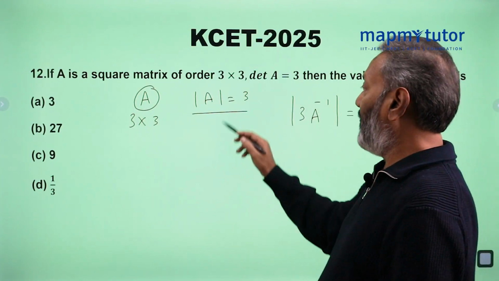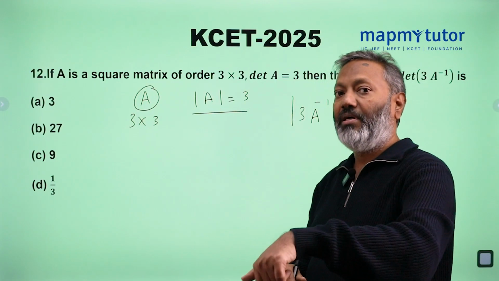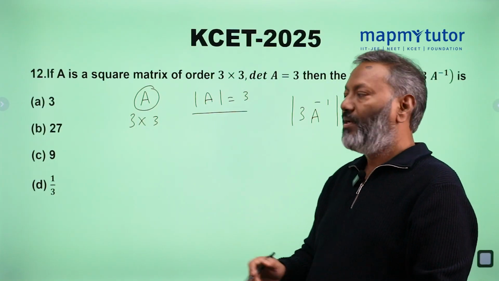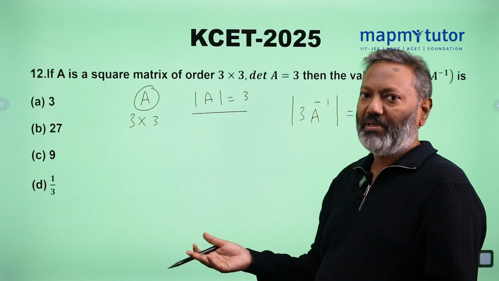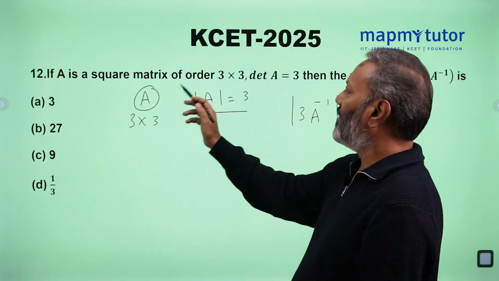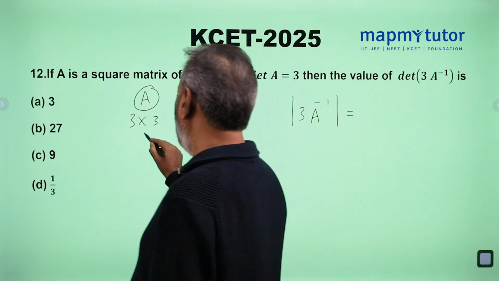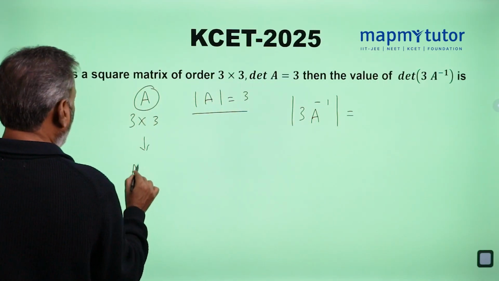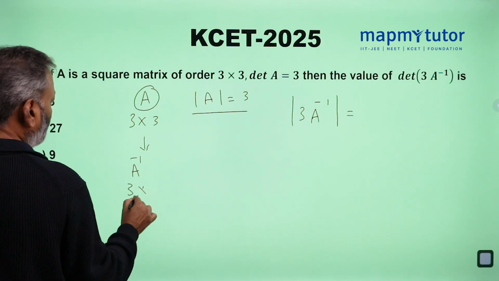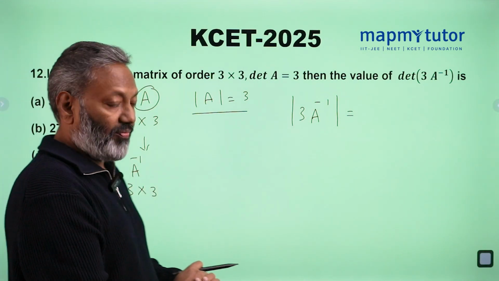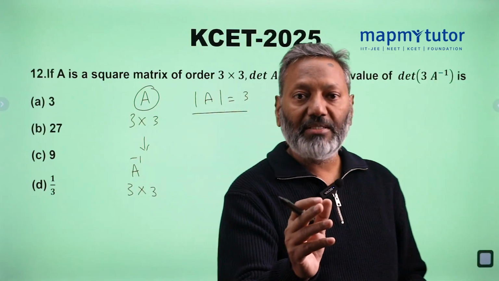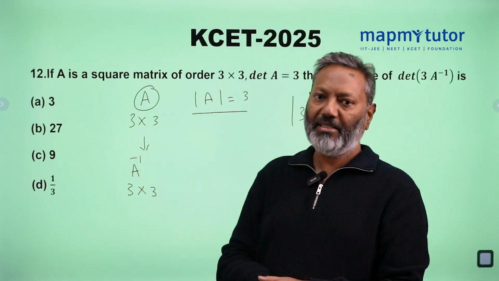If det A is 0, it is called singular, for which A inverse does not exist. But det A is 3, a non-zero number. That means it is non-singular and A inverse exists, and A inverse is also a 3 cross 3 matrix. Correct or not? Of course, yes. If A is n cross n, A inverse also must be n cross n, right?